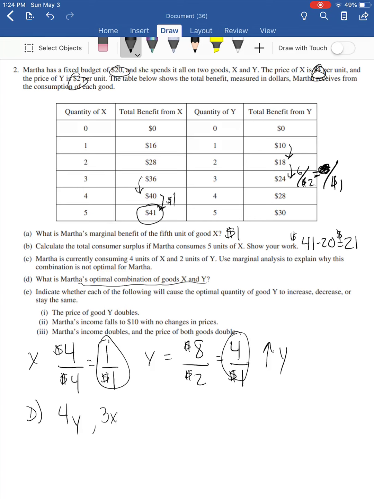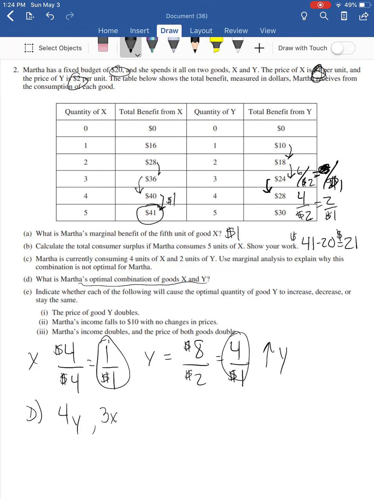So as we're going for Y, we go from 3 to 4. It's an increase of $4 of benefit per $2 spent. So it's a 2 unit benefit per dollar, and we're looking for that same thing. Where is that? Well, good X is $4 per unit, so we're looking for an increase of 8.